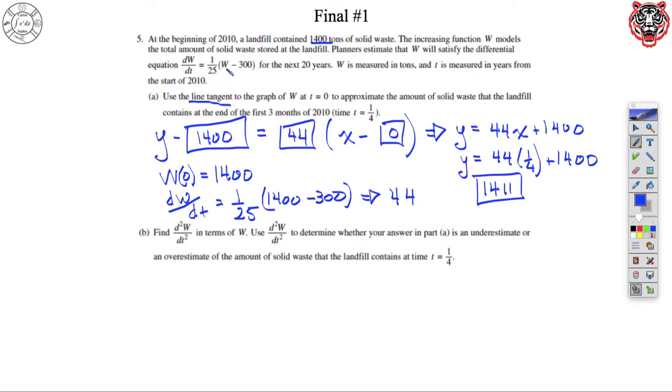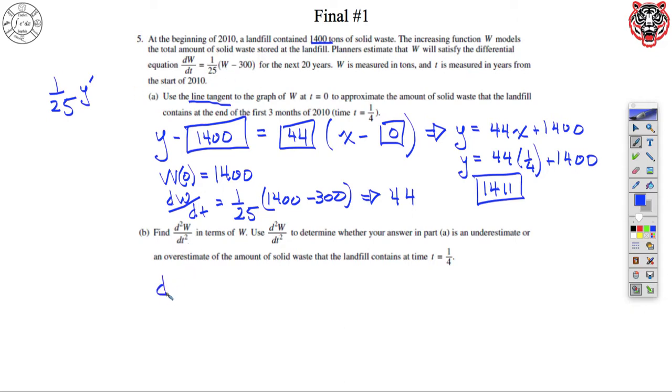But since it's with respect to t, I think the best way to think about this is kind of thinking of it as a y minus 300. So you would really be doing 1/25 times y prime. That's essentially what would happen because this boils down just to y prime times the constant of 1/25. But it's not y, it's w, it's w prime.